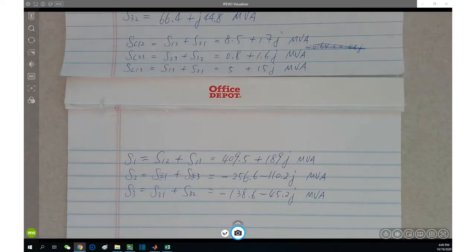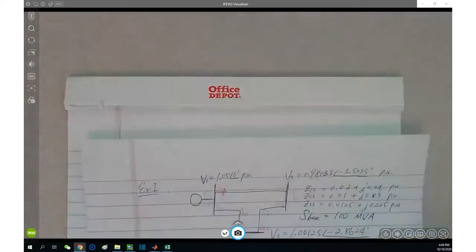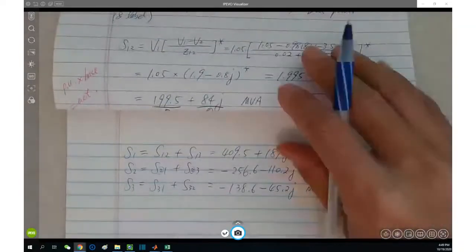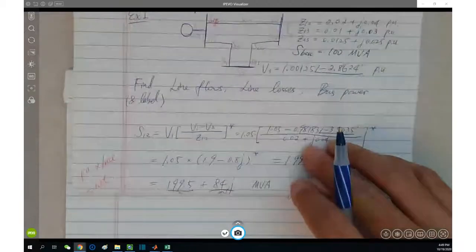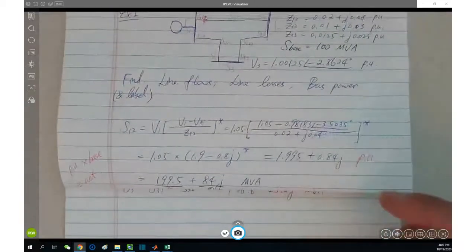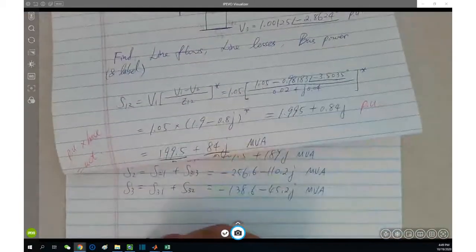And if these are fine, we can go ahead to do the so-called plot, right? Remember, the problem is also asking you to label. So how to label all of these into the per phase network? This is something we need to be careful about.